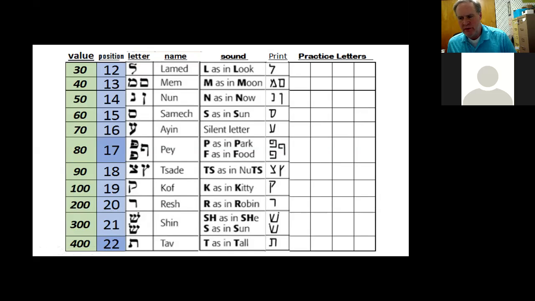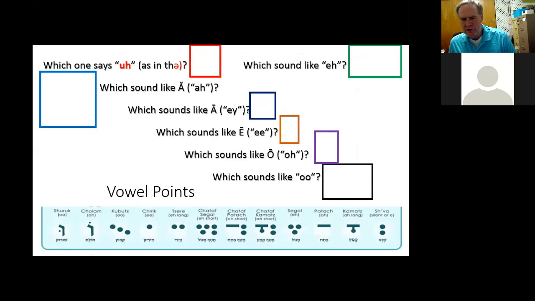Hopefully you're getting those down and doing okay with what those are. Okay, our vowels, we have basically these 7 vowel sounds: a, e, o, and u. The a sound is the schwa. That's written with 2 dots above each other.